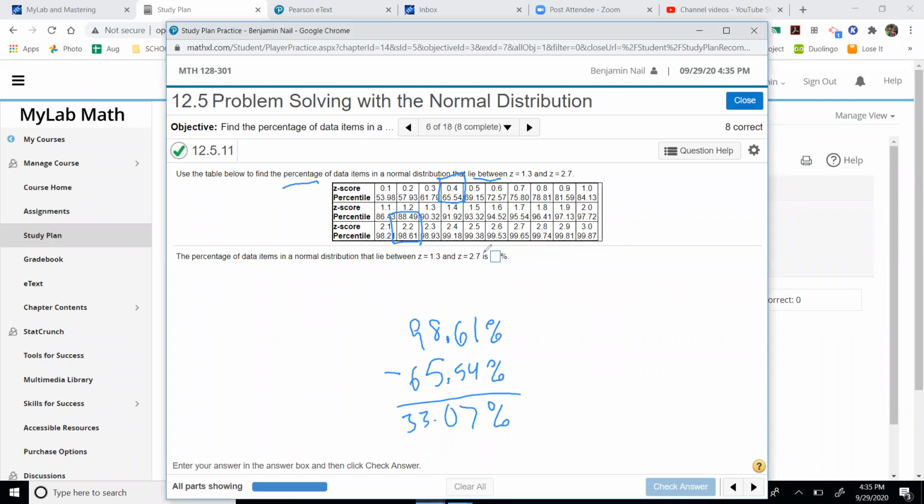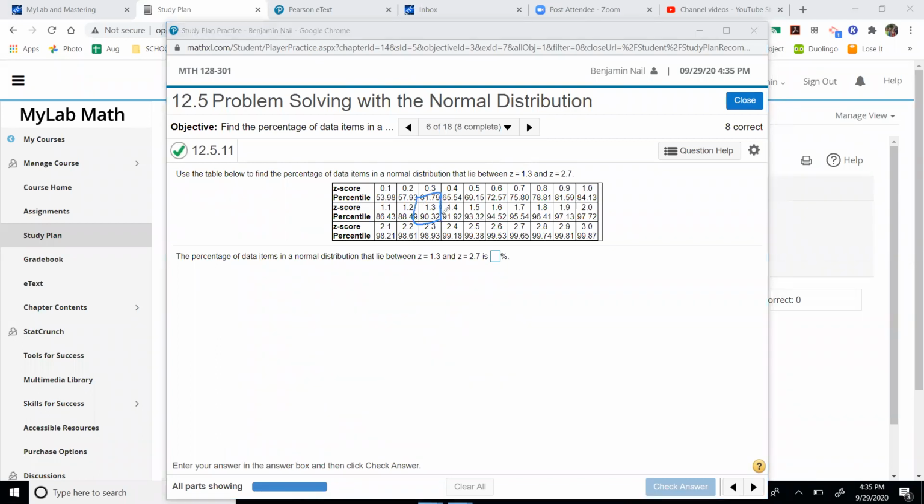And again, they can give you a similar question where they want you to do the same thing. So z-score of 1.3, z-score of 2.7. They want to find the percentage between those two values.